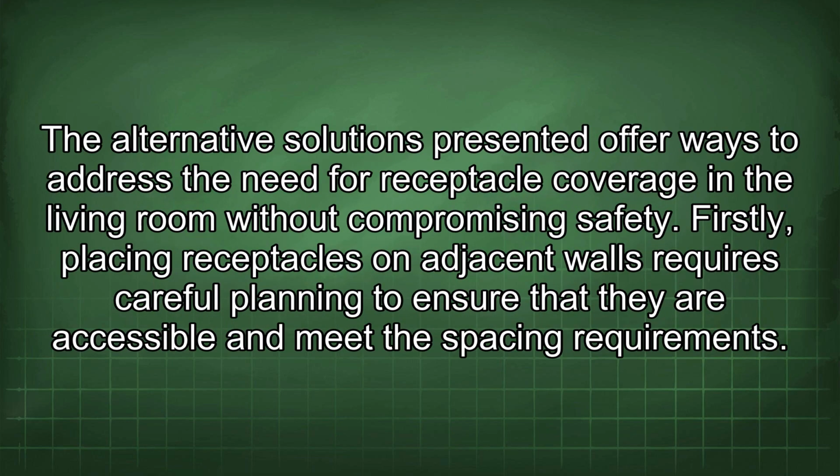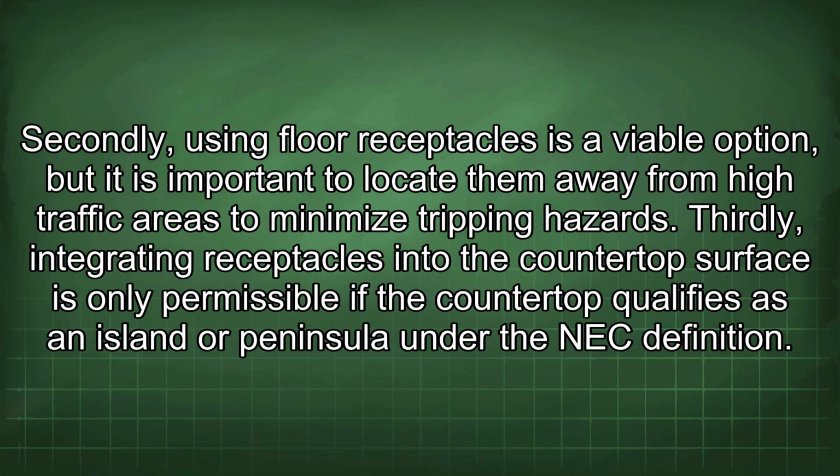The alternative solutions presented offer ways to address the need for receptacle coverage in the living room without compromising safety. Firstly, placing receptacles on adjacent walls requires careful planning to ensure that they are accessible and meet the spacing requirements. Secondly, using floor receptacles is a viable option, but it is important to locate them away from high-traffic areas to minimize tripping hazards.